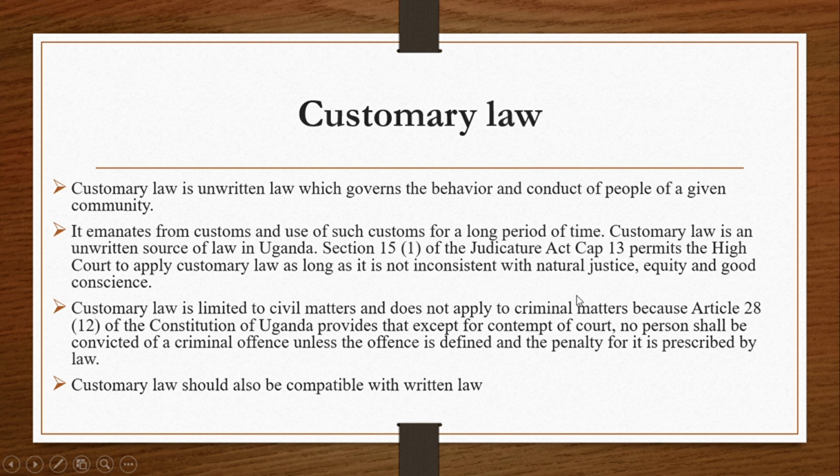Those are criminal matters. So customary law is only limited to civil matters when solving disagreements between people, but it does not apply to criminal matters whereby someone stole, someone raped, someone murdered. So customary law does not apply.